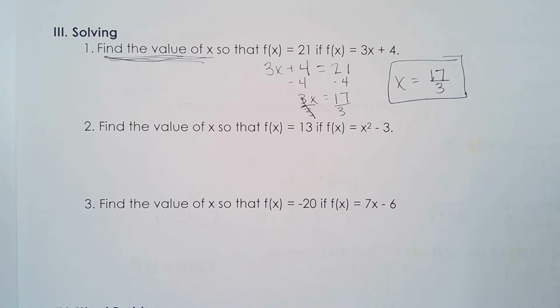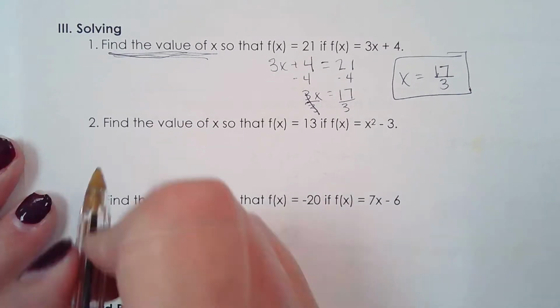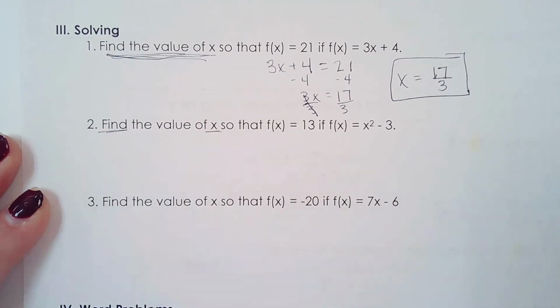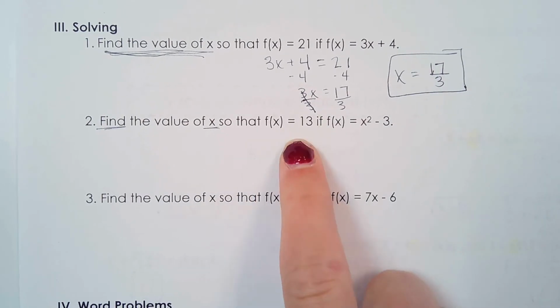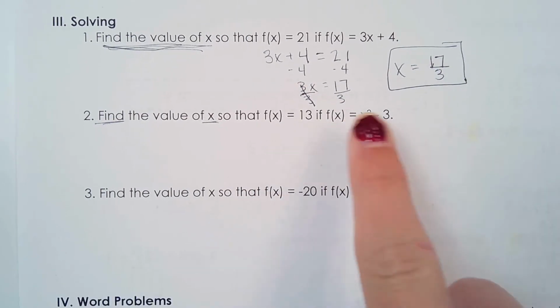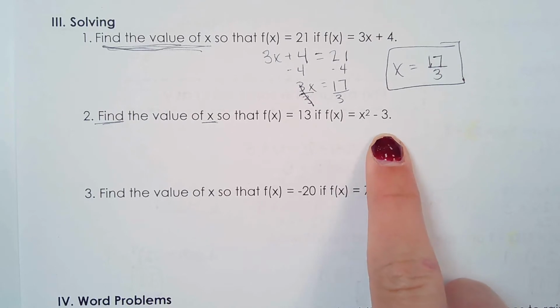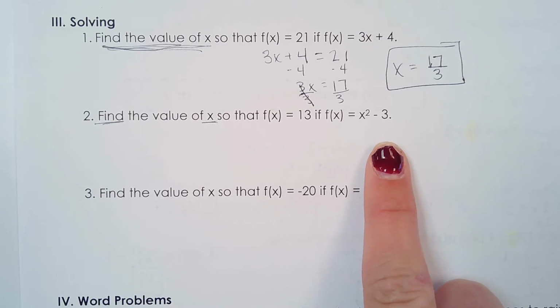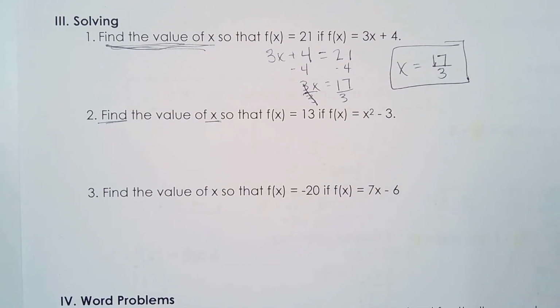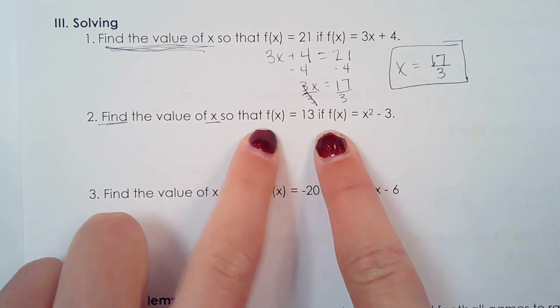Alright, so looking at number 2. This time they say to find the value of x. So what does that tell you need to be doing? Are we plugging in or are we solving? Solving. So anytime you see find x, you are solving. It says that f of x equals 13, and your function is x squared minus 3. So how are we going to set it up? Look, it says f of x equals 13.